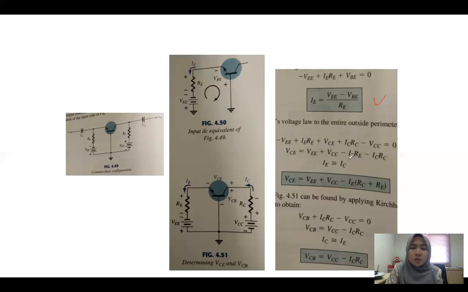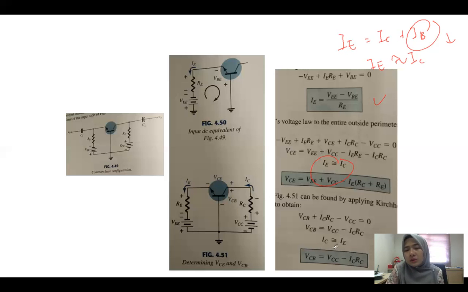Remember, usually we assume that IE is the same as IC because we assume that the base current is very, very small. You know that IE is equal to IC plus IB, but usually we assume that IB is very, very small, so we assume that IE equals IC.